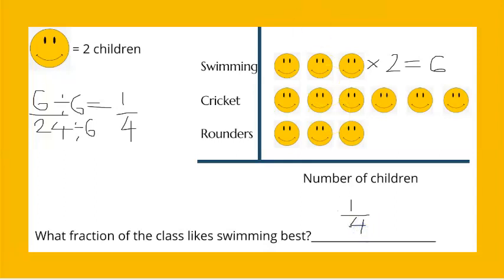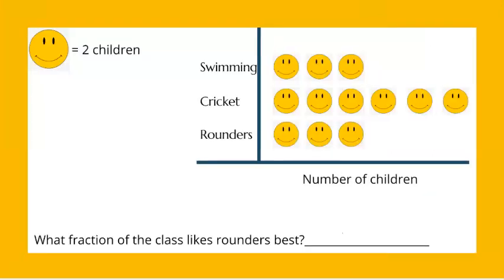All right. And the next question, what fraction of the class like rounder best? Rounder is 3 times 2, which is equal to 6. So I have 6 children over the total number of children, which is 24.